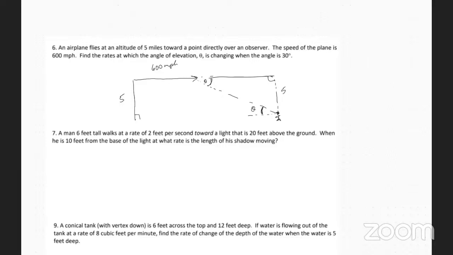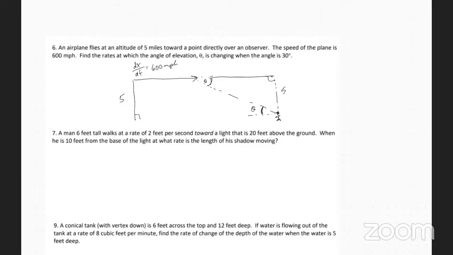So the speed of the plane is 600 miles per hour. Find the rate. So that's the change. This is d, we'll call that x. That's dx with respect to time. It's actually going to be a negative number because it's getting smaller, right?